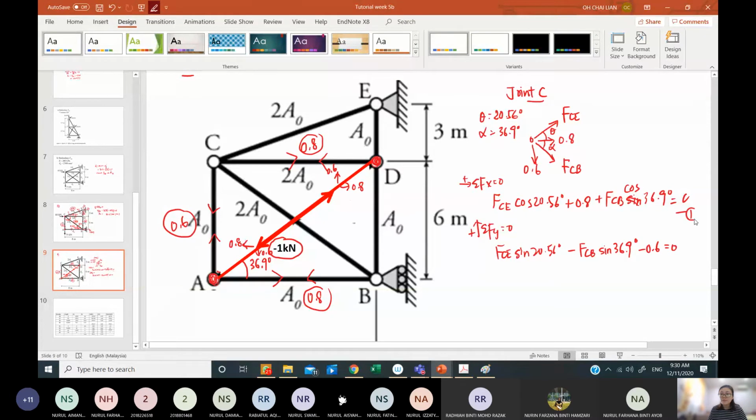So I solve for number 1 and number 2. I check back: FCE cos 20.56 plus 0.8 plus FCB cos 36.9, and FCE sine 20.56 minus FCB sine 36.9 minus 0.6.